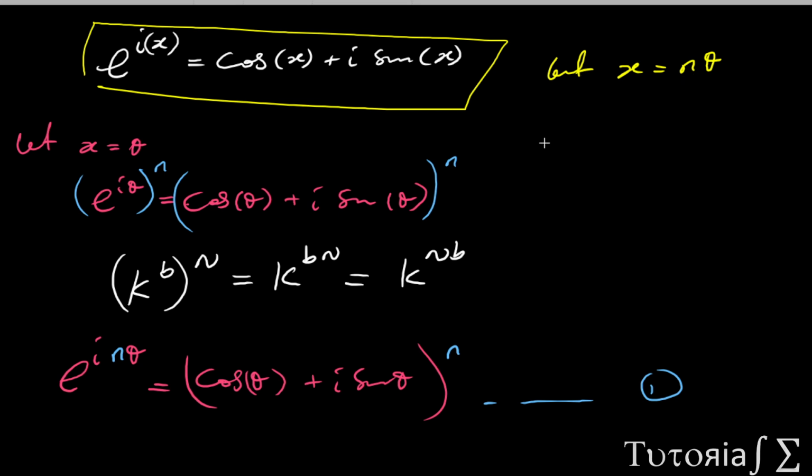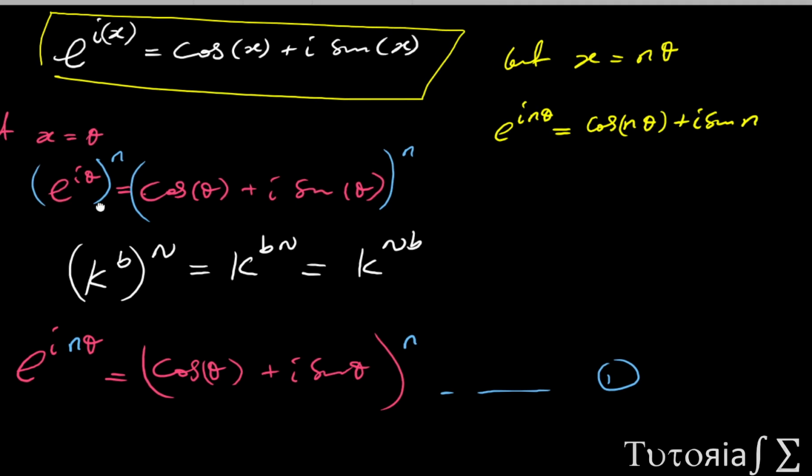What we're going to have is e to the i n theta will be equal to, where there is x here, there will be n theta. So that will be cos n theta plus i sine n theta. So that is how it will be. Now this will be our equation 2.